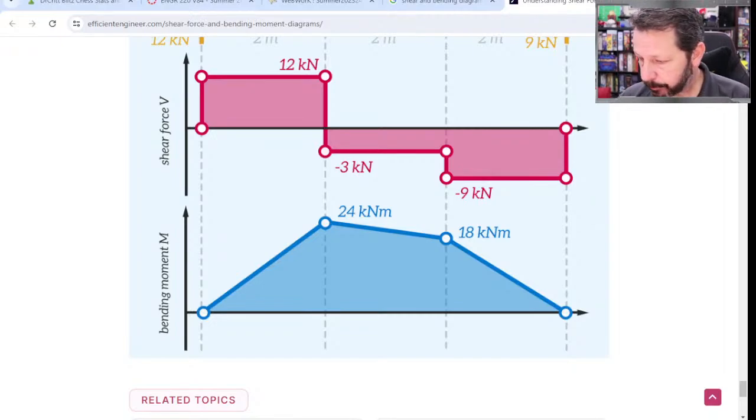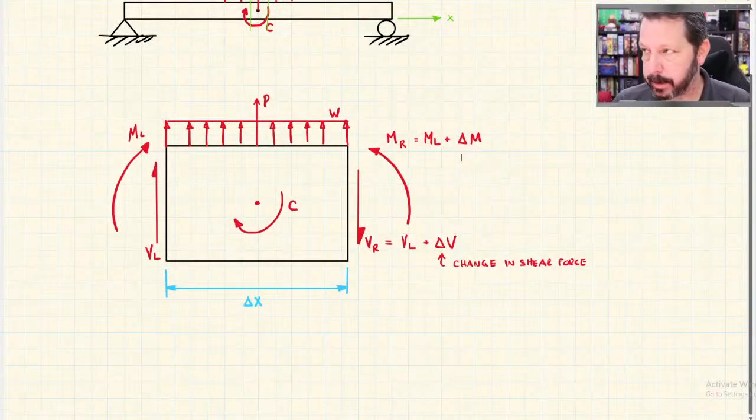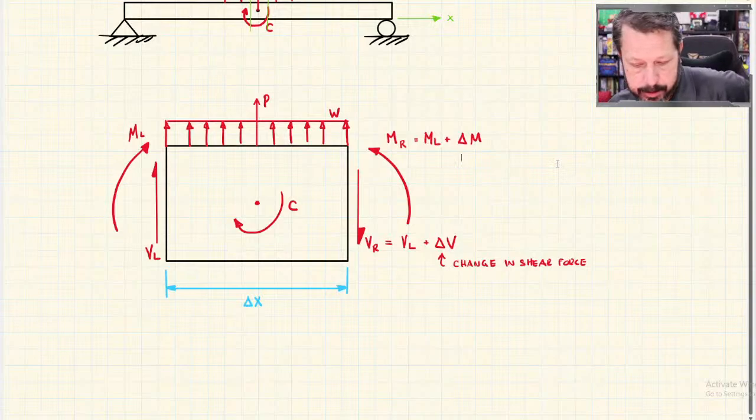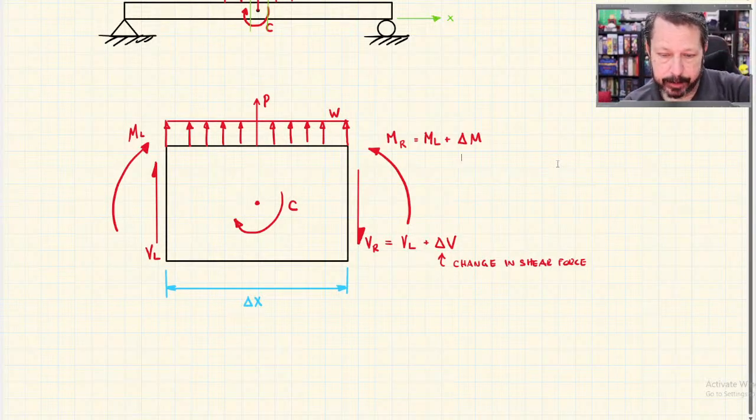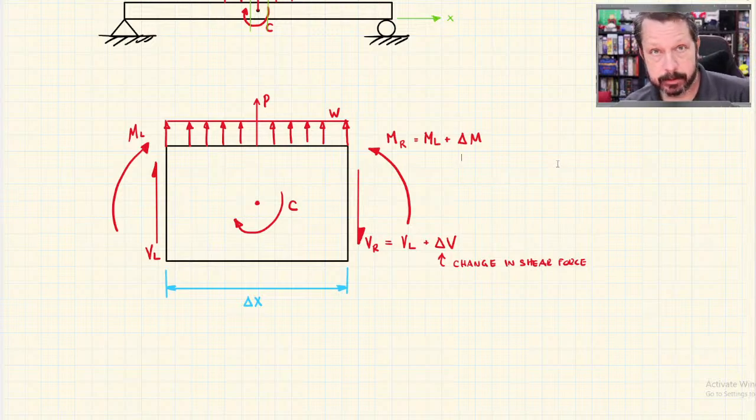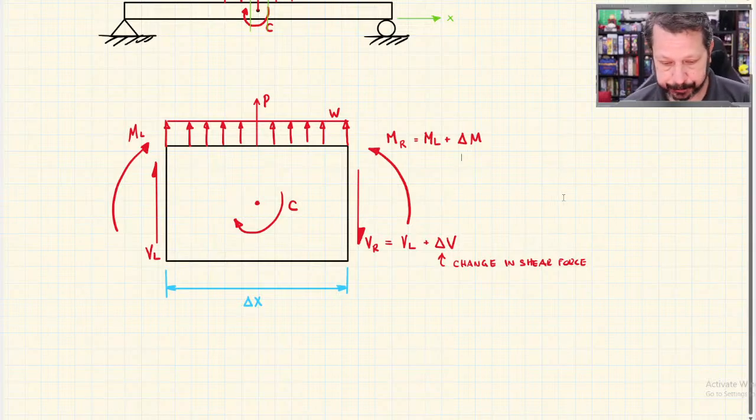Okay, so let's go back to our setup here. Alright, so the first one right under our free body diagram would be the shear. And so to calculate the shear forces, I need to do summation of forces in the y direction, because that's the direction that I've shown these internal shear forces.